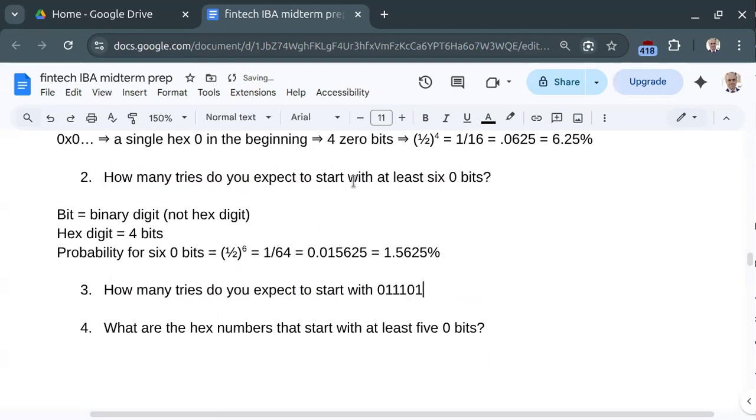So now we are given a specific binary sequence of 6 specific bits, 0 1 1 1 0 1. What is the probability of that? Is it the same as the probability of 6 0 bits or different?